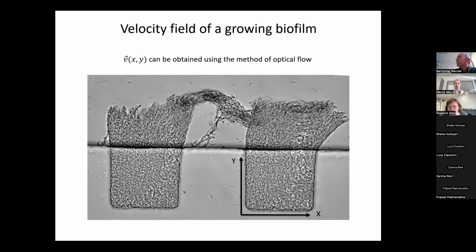So the assumption is that when you go to the next time point, the image will look almost the same plus a small correction. And this correction will be the image from the previous plane propagated by the velocity field in the biofilm.